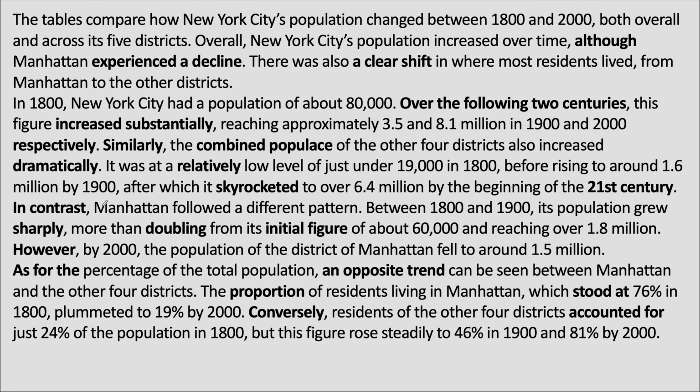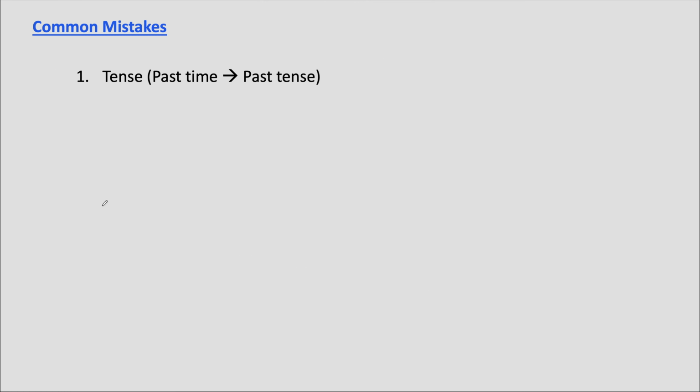Some useful vocabulary is highlighted here. But remember, this is not for memorizing. The goal is to learn how to plan logically, compare clearly, and use language accurately. There is no single correct answer in writing task 1. Before we sign off, let's quickly look at a few common mistakes.